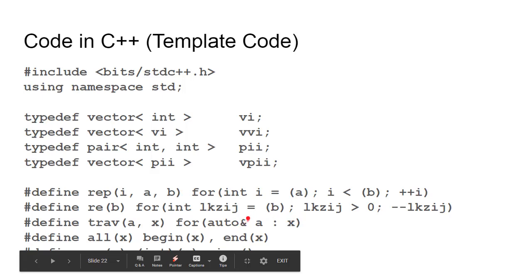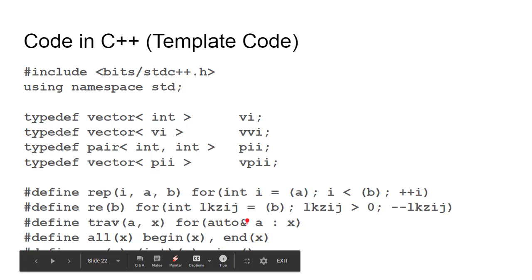And this ampersand means reference. It's important. By the way, this auto means that the compiler should be able to figure out the data type of A from X, because knowing X's data type, you know the data type of its elements. So I don't need to think about what the actual data type is. I can just use auto here.